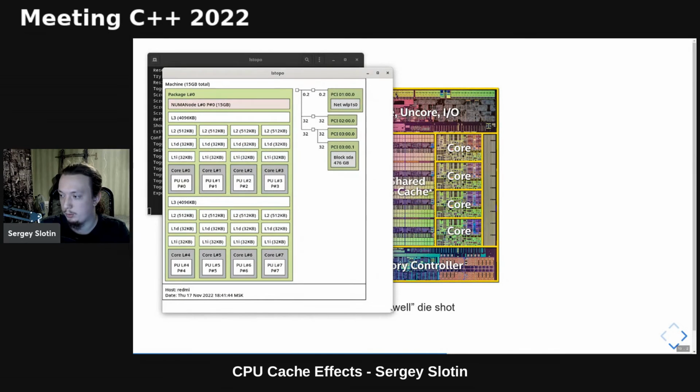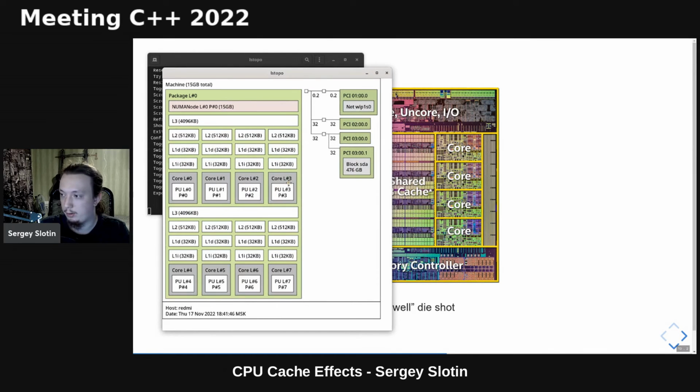For example, on my machine, I have 8 physical cores. Each core has access to its own 32 kilobytes of L1 cache and 512 kilobytes of L2 cache, but the L3 cache is shared. Moreover, it is not shared uniformly between all cores.